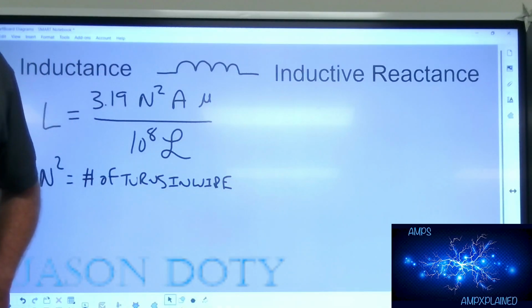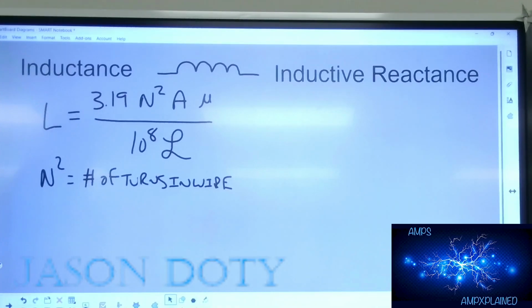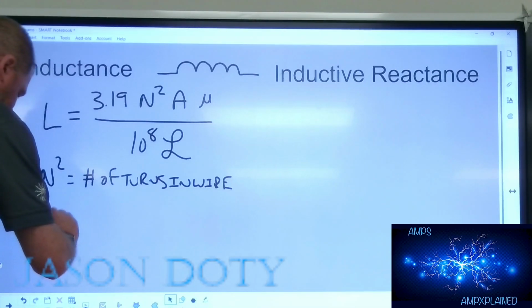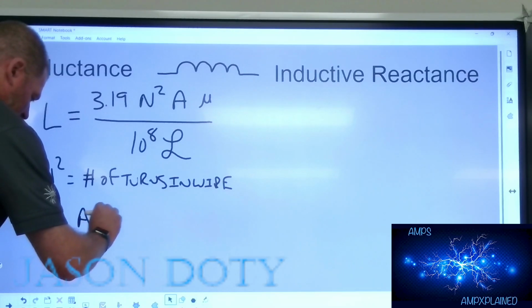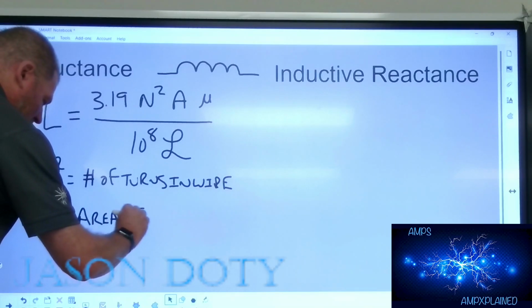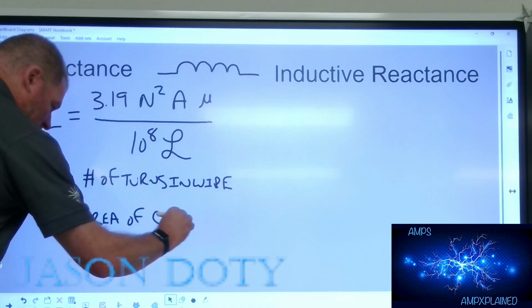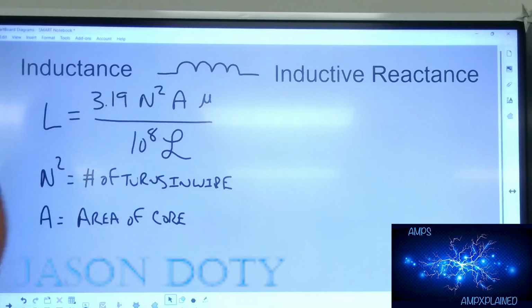It's a coil of wire with an iron core, an air core, some core material. So we now know what N stands for. The A is going to be the area of the core material. And we all know area is length times width. That's what we're looking for there.